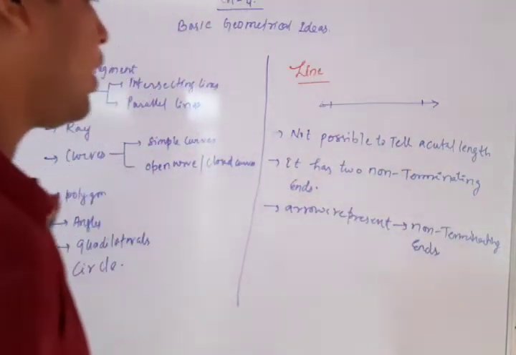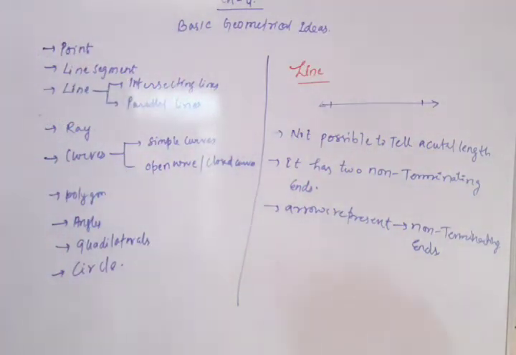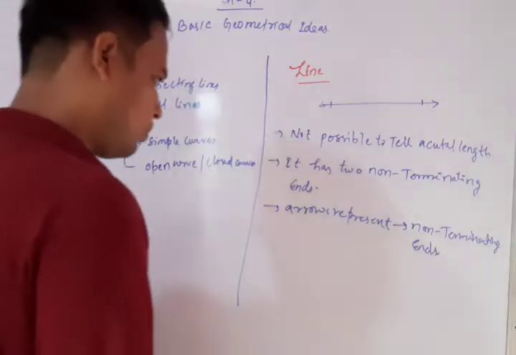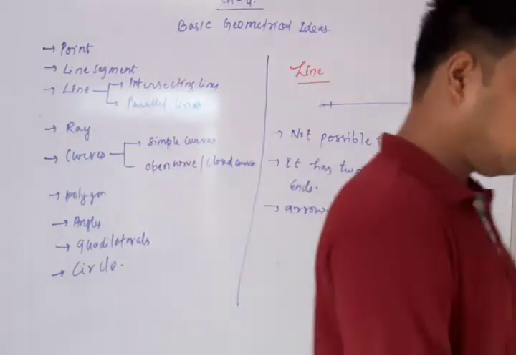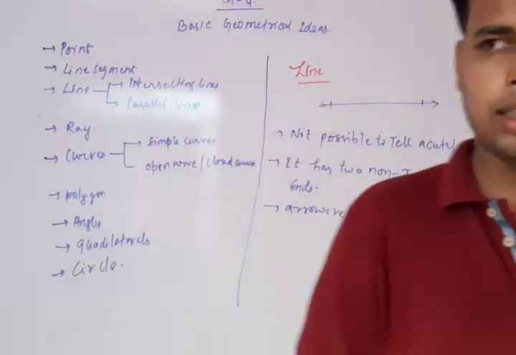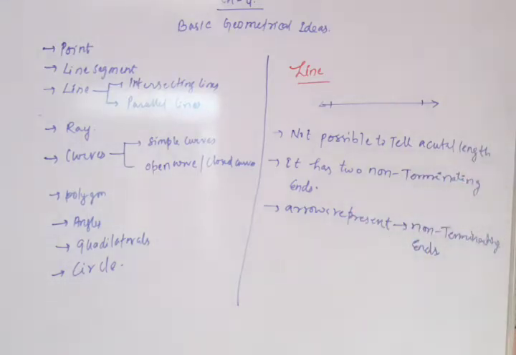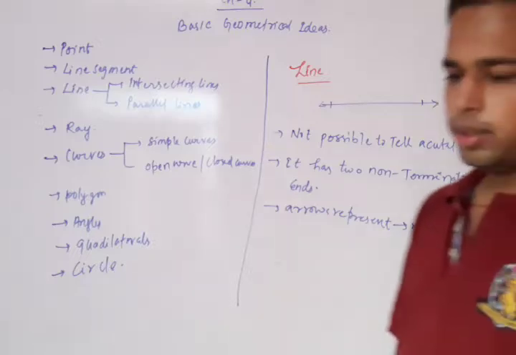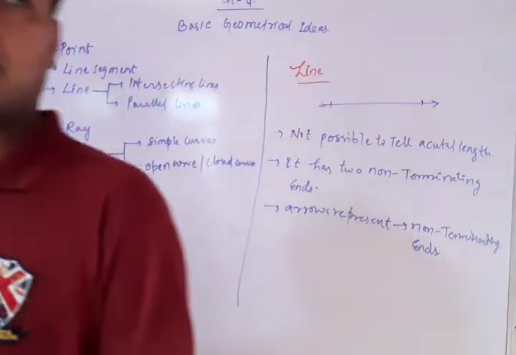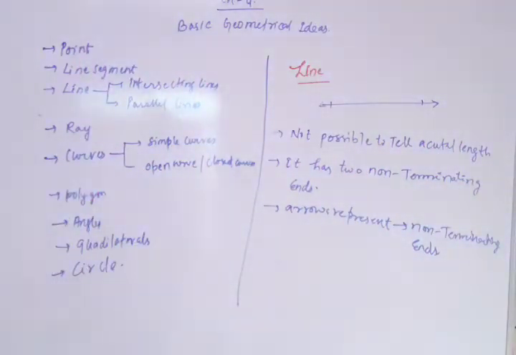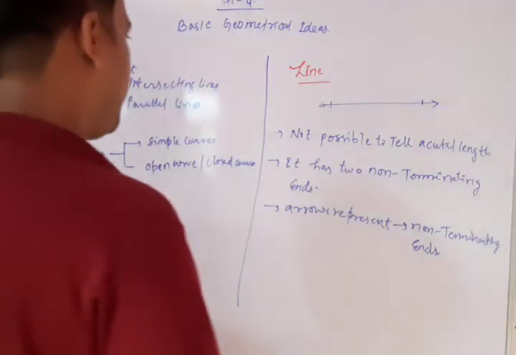Arrow क्या रिप्रेजेंट करता है? नॉन टर्मिनेटिंग एंड्स. अंडरस्टूड? नाउ इन लाइन वी विल सी intersecting lines and parallel lines.